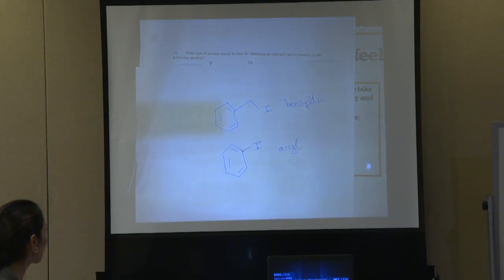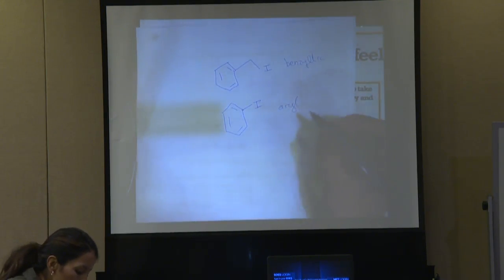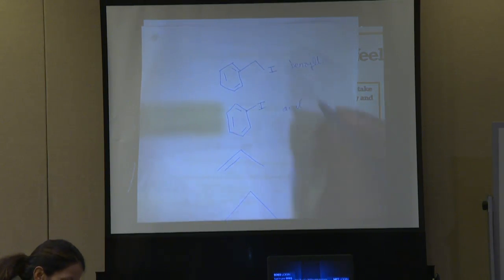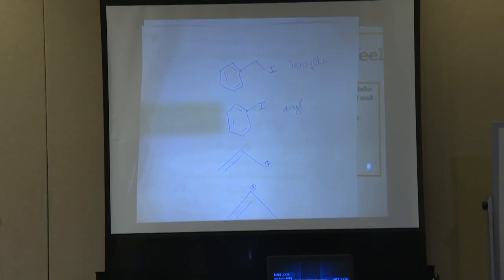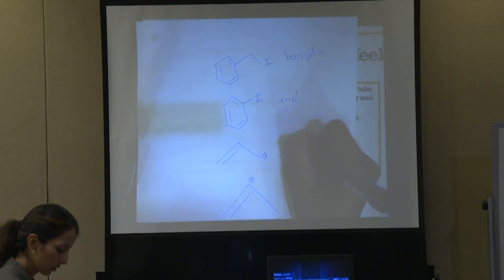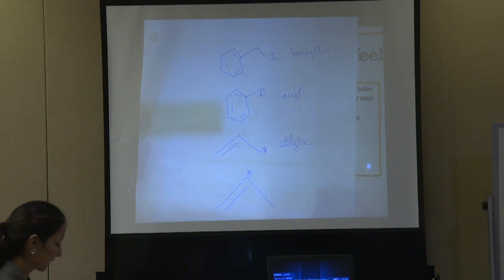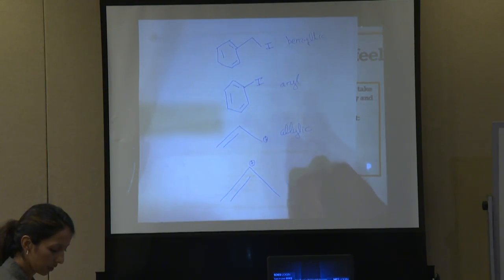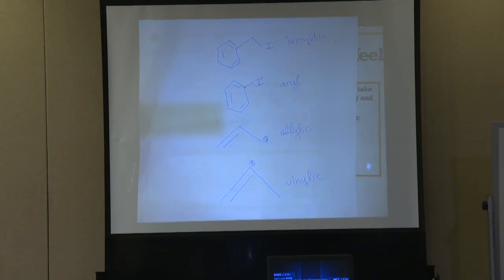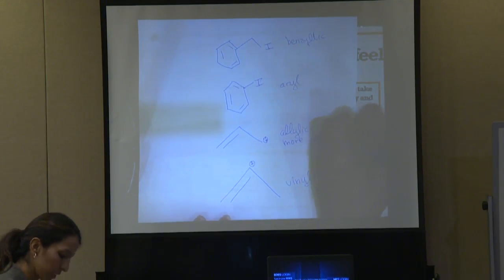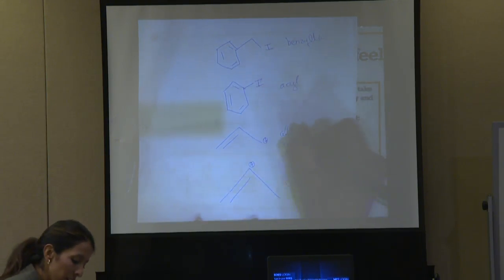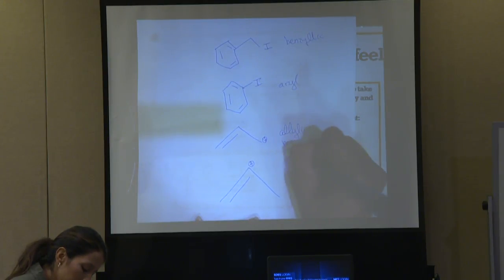And before we get into this one, let's do allylic and vinylic real quick. And then maybe this one will help you out a little bit more. So, which one is allylic? The top one. And vinylic? Awesome. Which one is more stable? Awesome. Because of resonance. So this is really unstable.